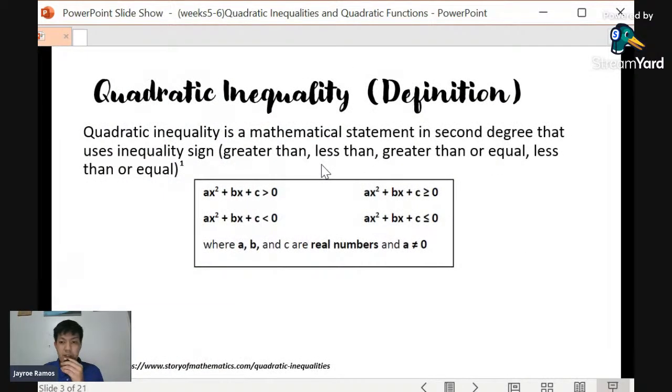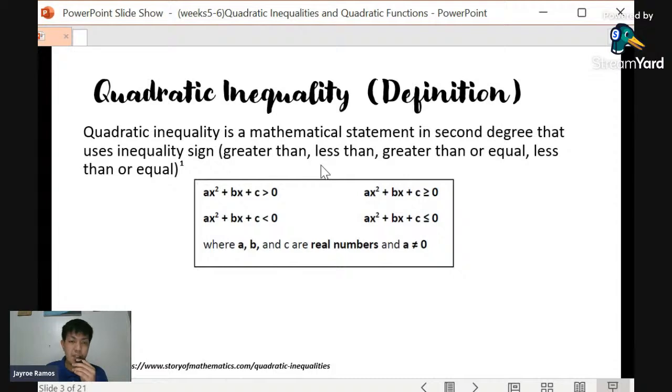So next, here we have the quadratic inequality. Let's define first what is quadratic inequality. Quadratic inequality is a mathematical statement in second degree that uses inequality sign. To make it simpler, i-compare natin to sa quadratic equation.